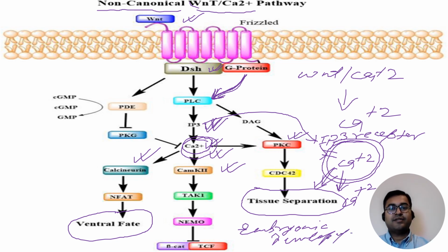So the Wnt calcium pathway and the planar cell polarity pathway, which are two different types of non-canonical signaling, are mainly involved in embryonic development. And canonical Wnt signaling is well known to be involved in different types of diseases and colon cell development and all.